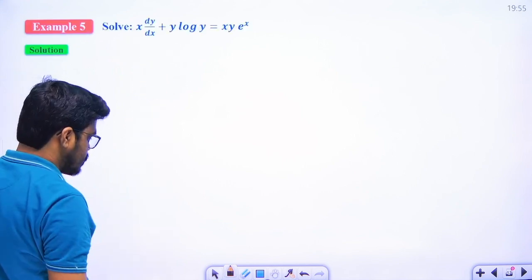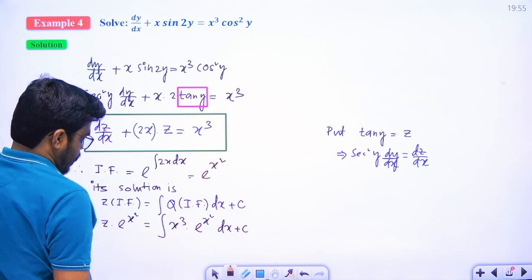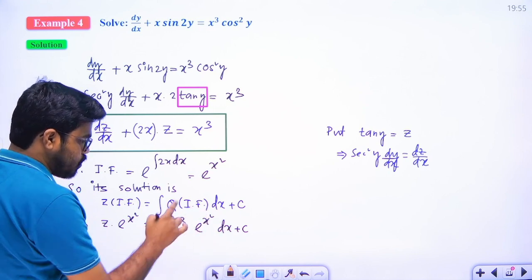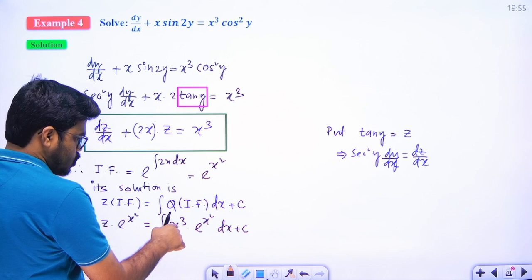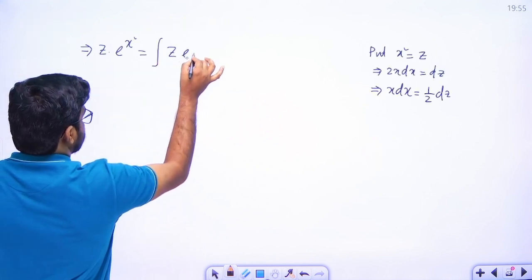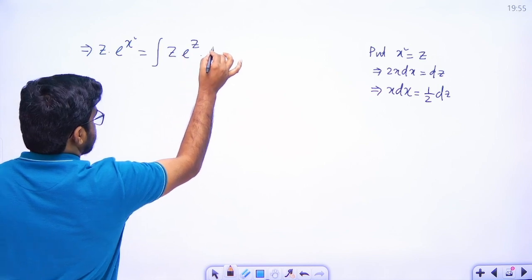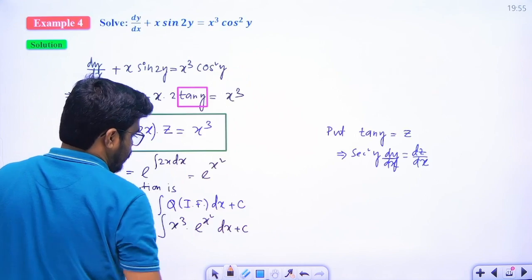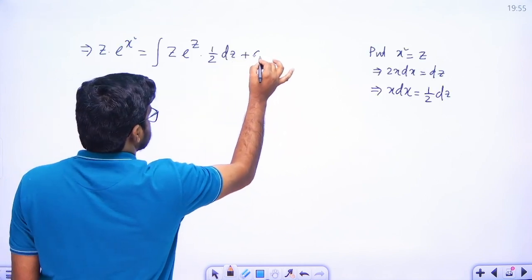So this equals the integration of x cube, which we can write as x square into x. So x square is z, so z e to the power z, x dx that is 1/2 dz, plus c.